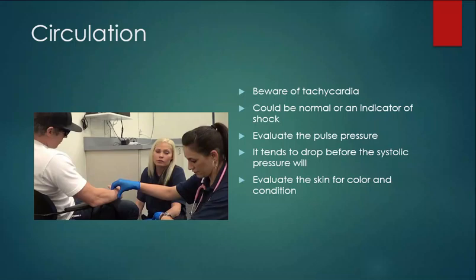Pediatric? Nope. Pediatrics will also go up. But we'll eliminate pediatrics and say these are only adults. What group of adults will often not be in shock and yet still have a heart rate of 60 to 80?